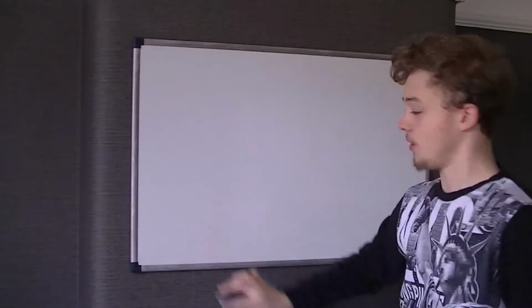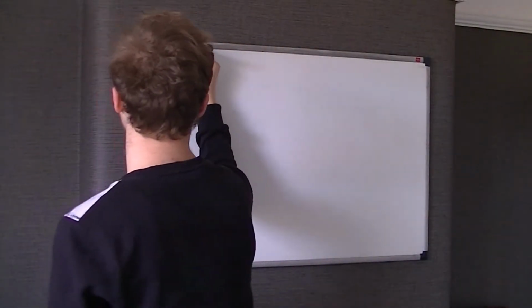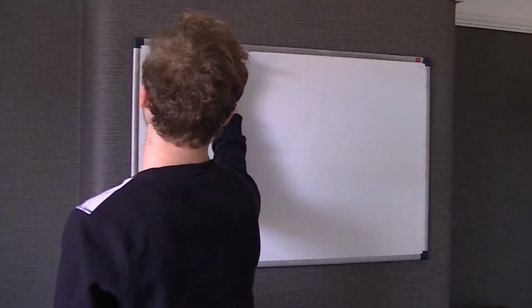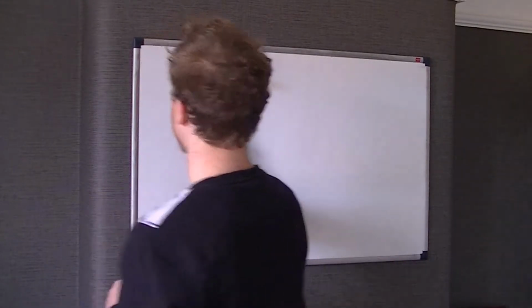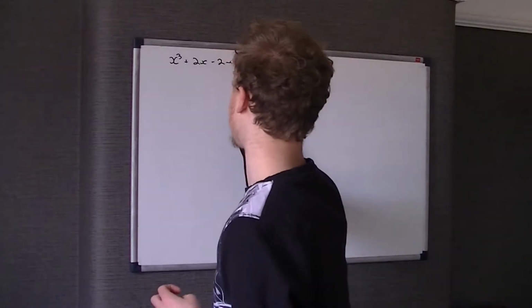It sounds very fancy, and it's actually a lot simpler than it sounds. So let's go back to that first one: x cubed plus 2x take 2 equals 0.